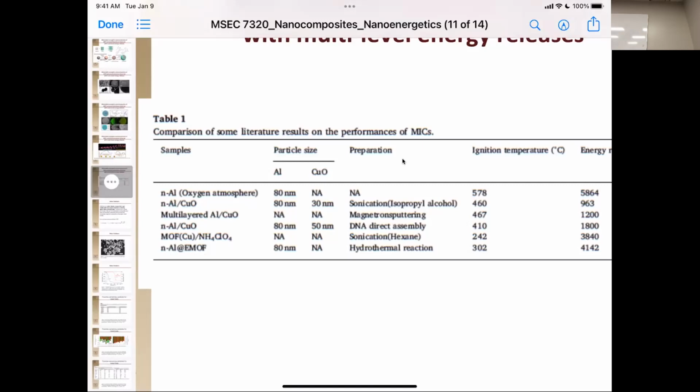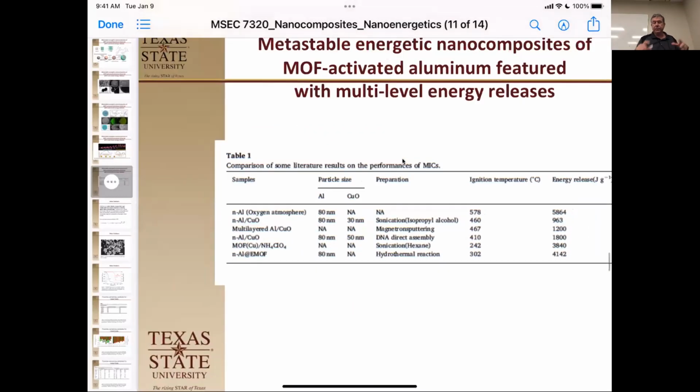And from this reaction right here, they see the ignition temperature is really low and the output temperature is really high. So just going from aluminum itself to this material here, you can set it off faster and get almost the same energy density out, because it's perfectly aligned nanomaterial, or it's perfectly intermixed.